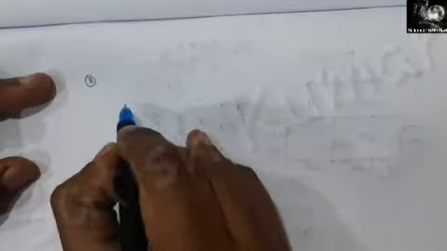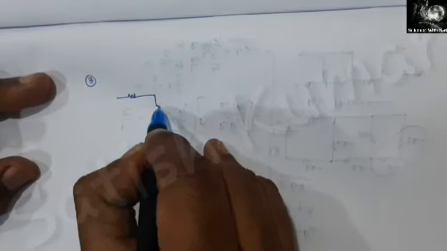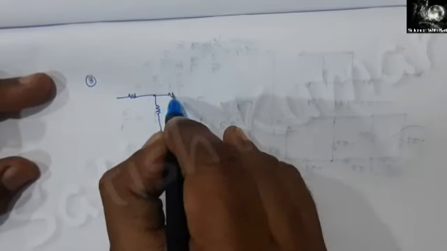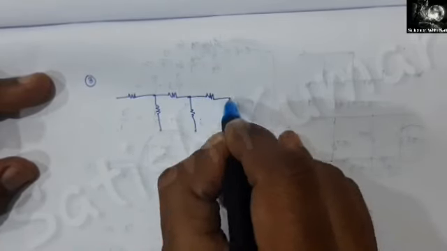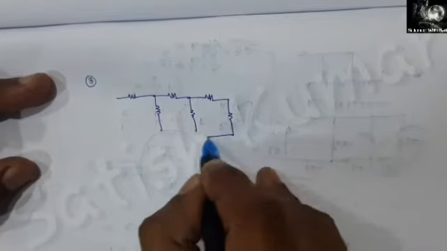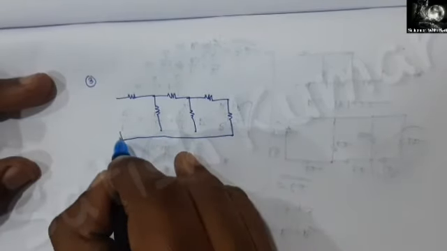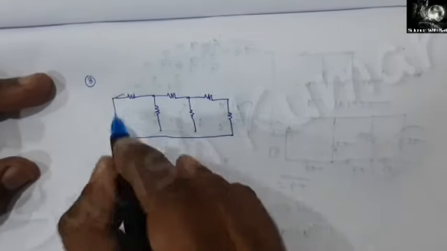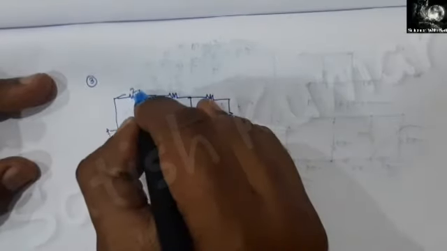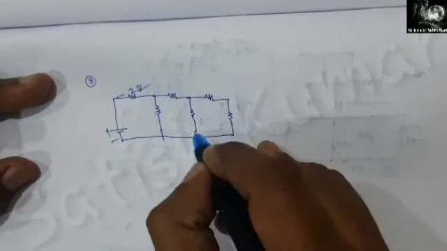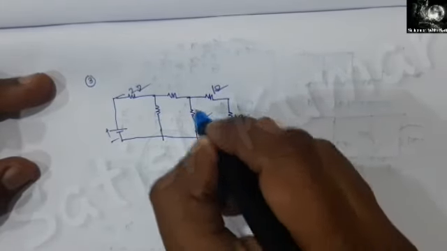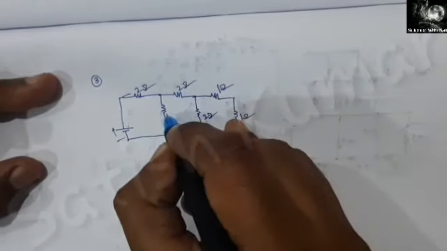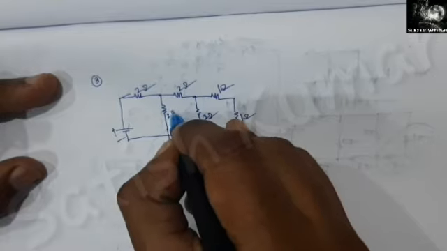This one contains series and parallel both. So, it is like this. This is 2 ohm, this is 1 ohm, this is 1 ohm, this is 2 ohm, this is 2 ohm and this is 2 ohm.